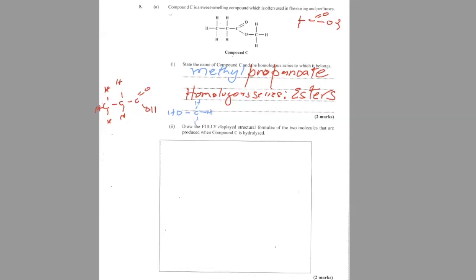So this is our propanoic acid and this is our methanol. These are the formulae of the two compounds, so we can do that right away, and that's the answer.